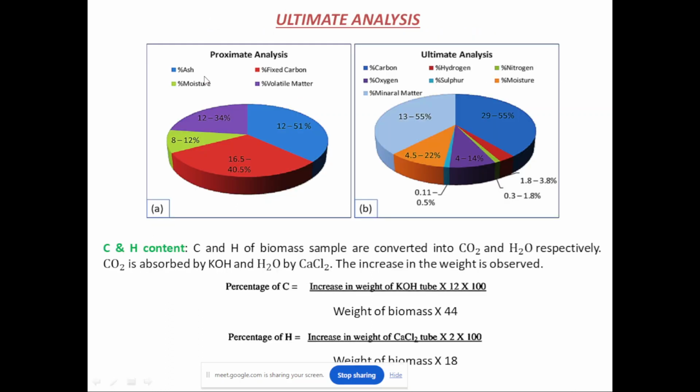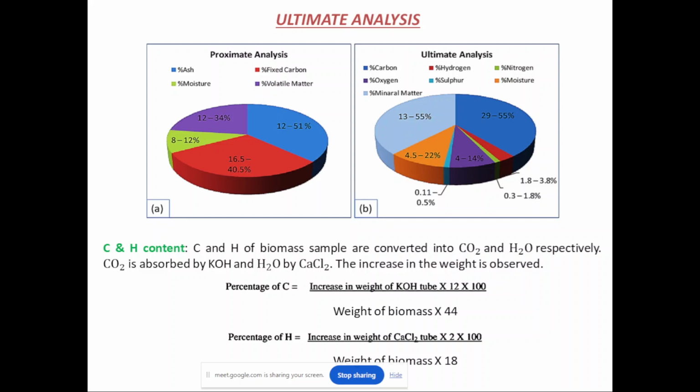In the proximate analysis, all the physical properties come into picture, that is your volatile matter, percentage of fixed carbon, moisture as well as the ash, and the density of the sample also we have discussed. These physical properties or the physical nature of your biomass sample come under your proximate analysis.